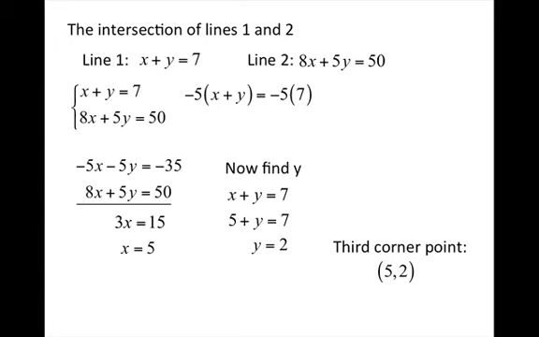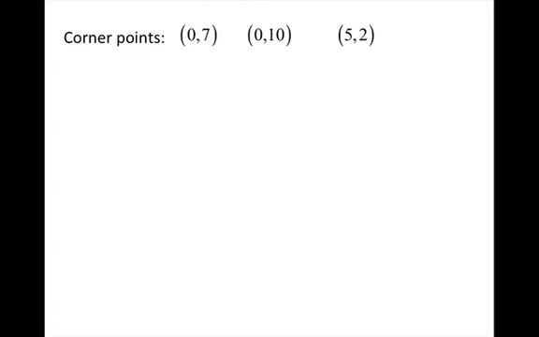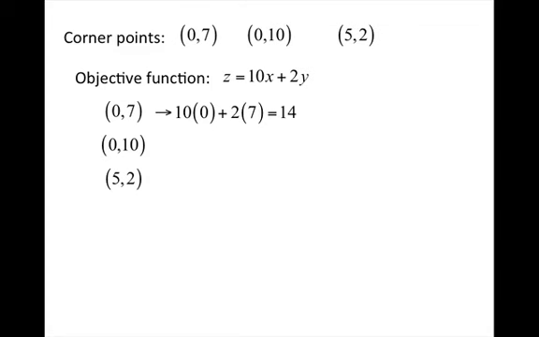So if I add this to my list of corner points, my corner points are 0, 7, 0, 10, and 5, 2. I plug each of my corner points into my objective function, which was z equals 10x plus 2y. If I plug in the 0, 7, I end up with 10 times 0 plus 2 times 7 equals 14.